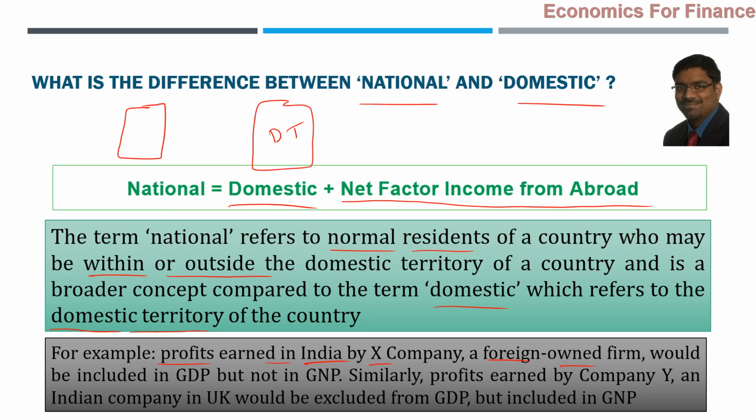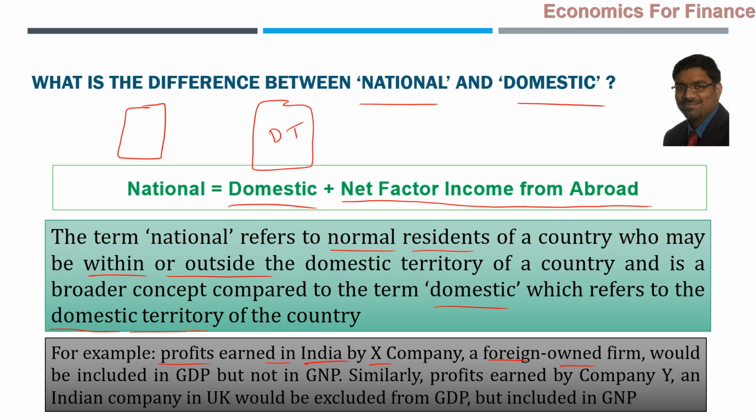So simple logic. National is about a nationality. Domestic is about a geographical area of a country. National is about whatever profits and whatever value addition done by Indians and Indian companies, Indian firms, whether that happened in India or abroad, it doesn't matter. That all will be included in GNP, only Indians.